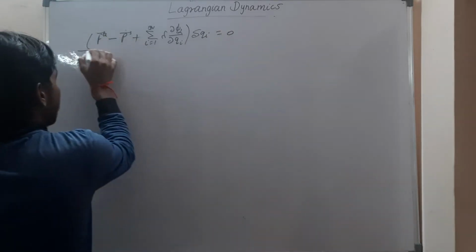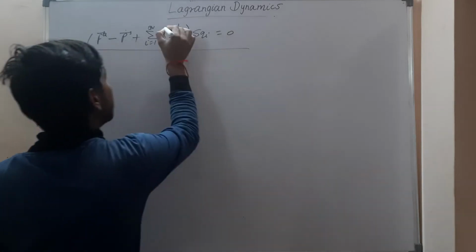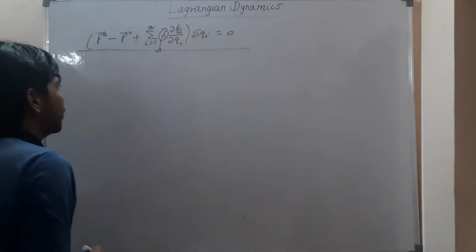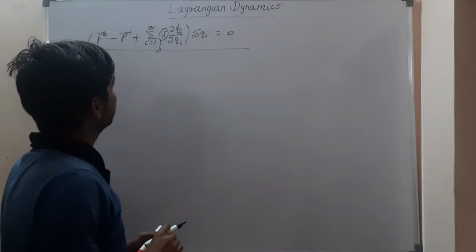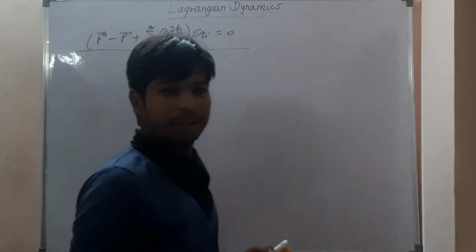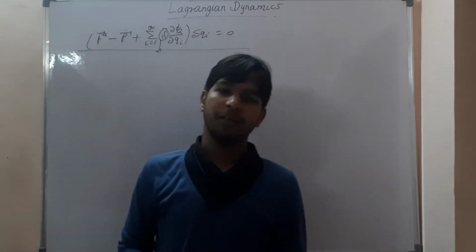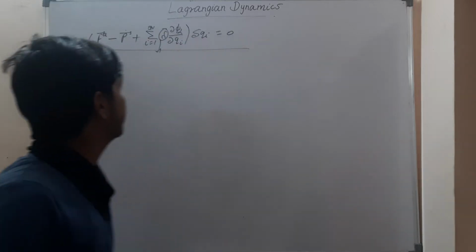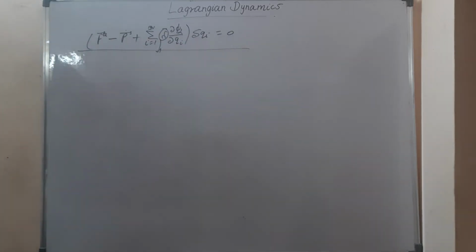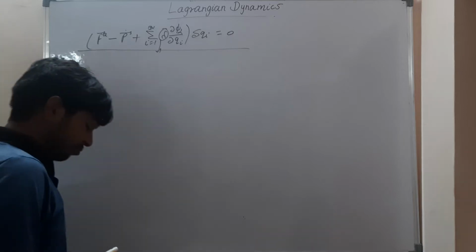This equation we have derived, and we have seen that we have to keep the value of lambda such that all the k terms which are dependent vanish. So the independent coordinates will remain.